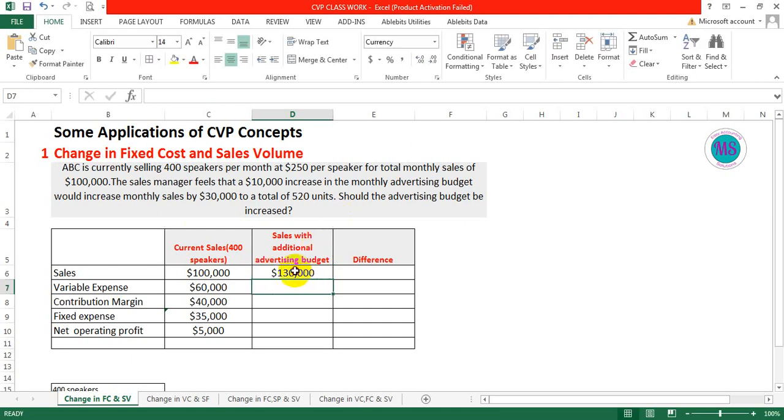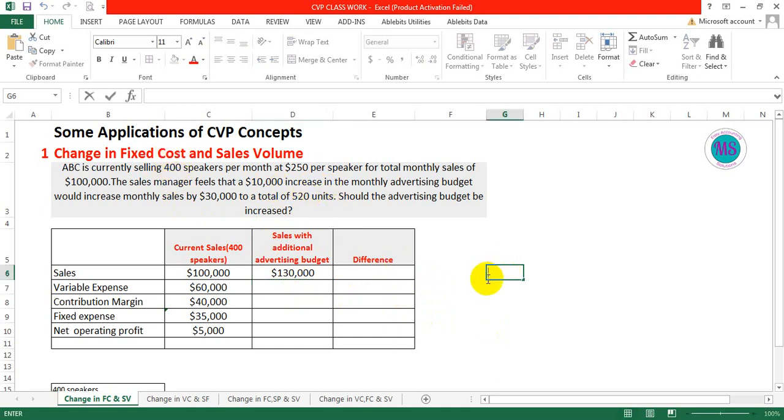So now the sale is 1,30,000, right? The number of units increases from 400 to 520. Remember, 400 to 520.